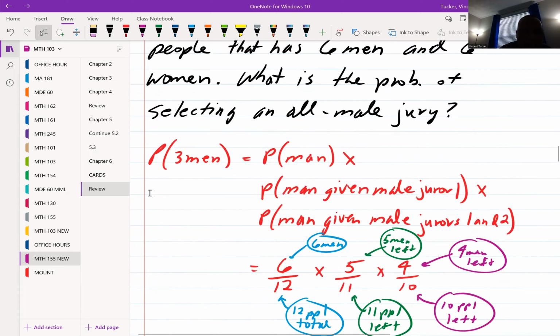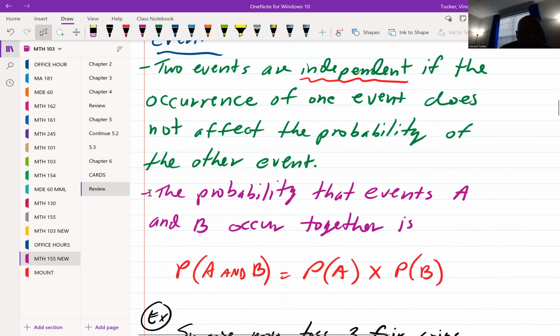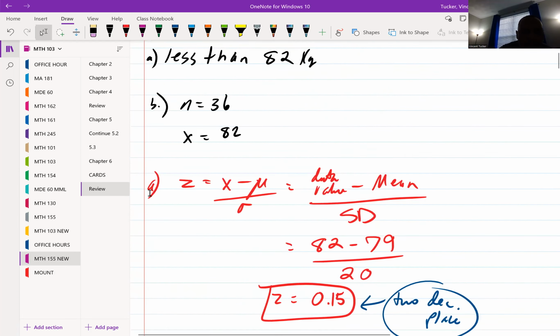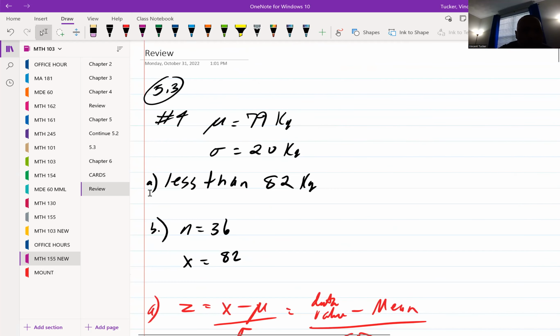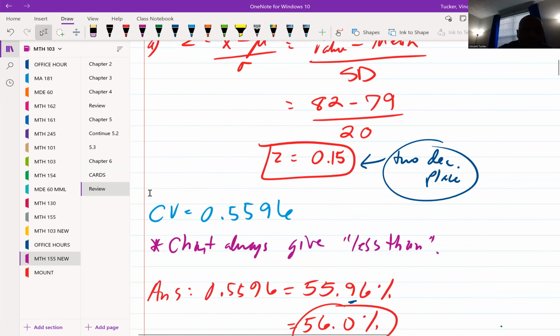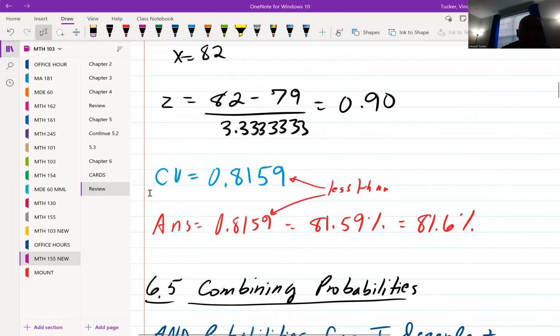Hold on a second. Oh man, I put this on the wrong page. Okay, I'll just transfer it later. Perfect.